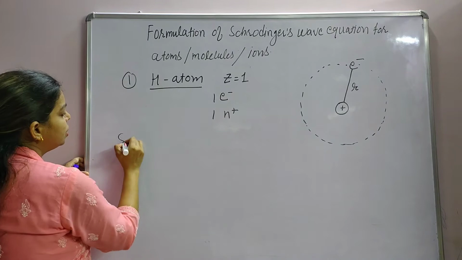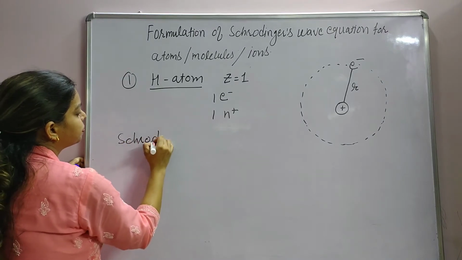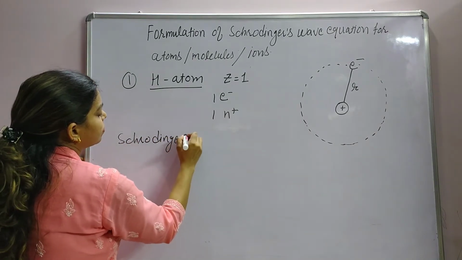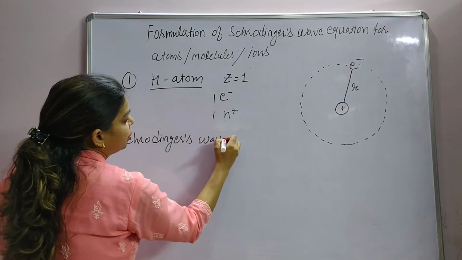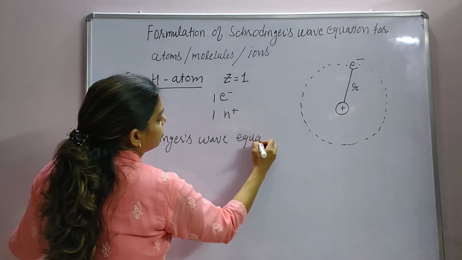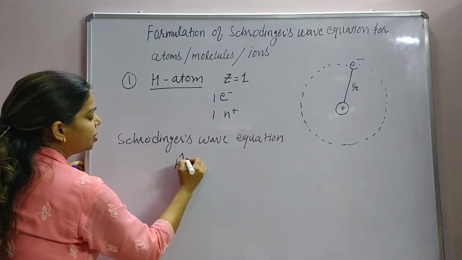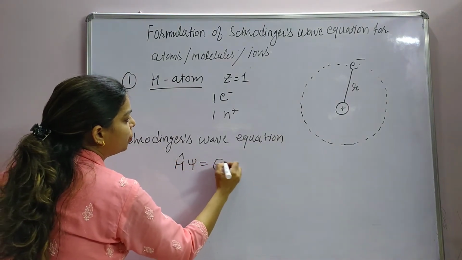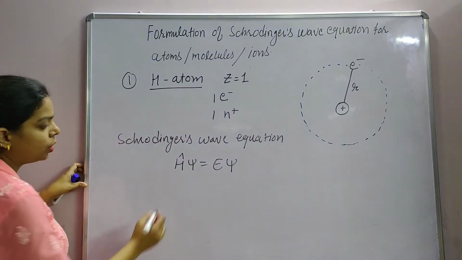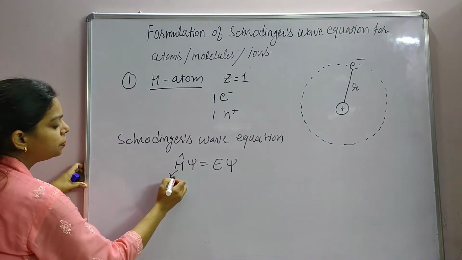So the Schrodinger's wave equation in shortest form can be written as H psi is equal to E psi, where H is the Hamiltonian operator.